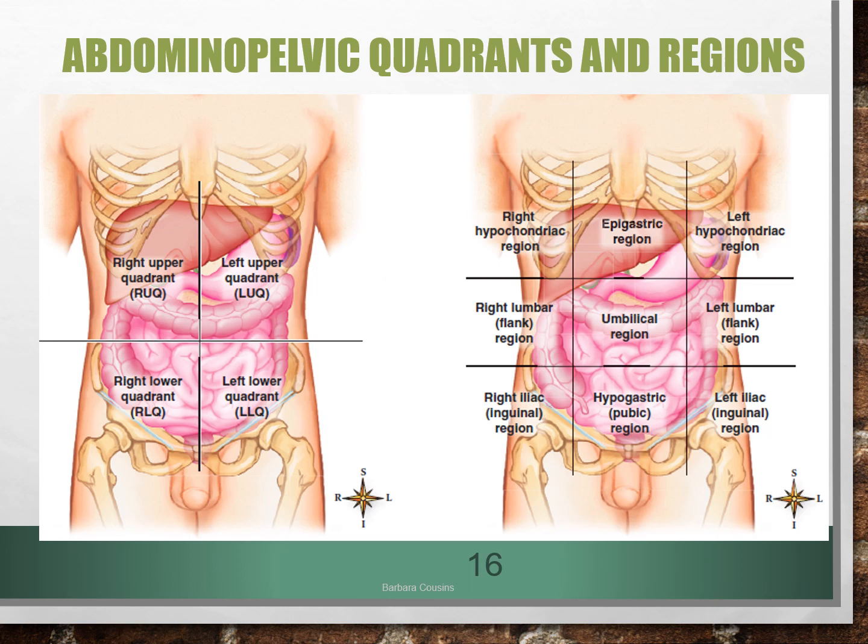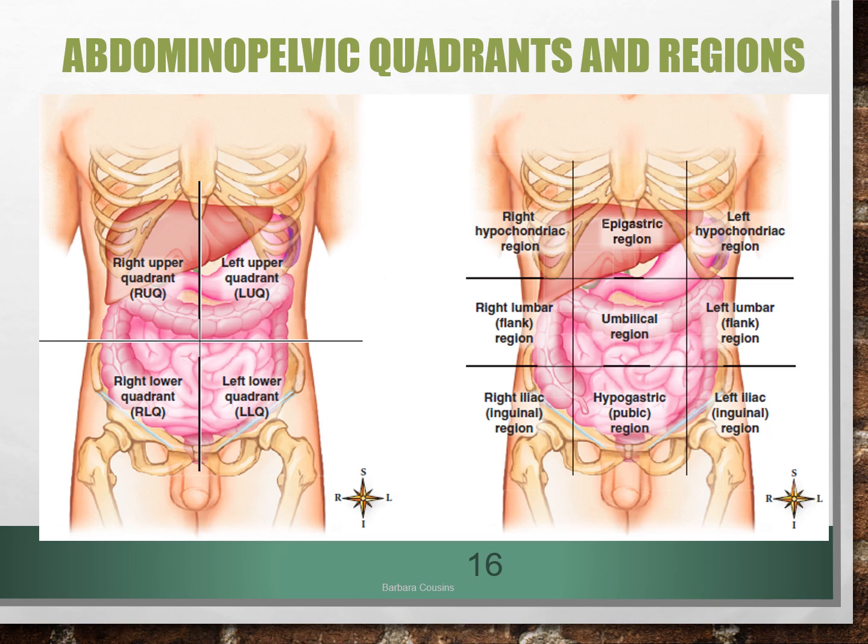Now, we can take these 4 quadrants and divide them up into 9 equal sections, and that would give us these 9 regions. Okay, so 3 right regions, 3 left regions. So the top left and right are the hypochondriac regions.